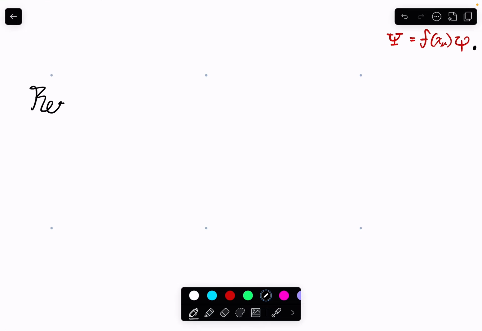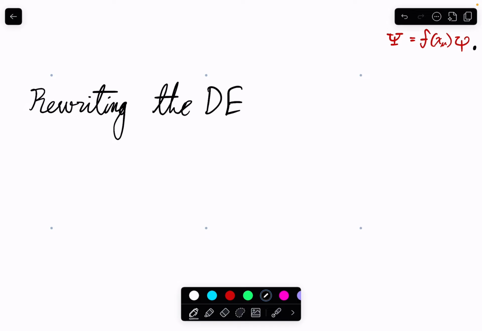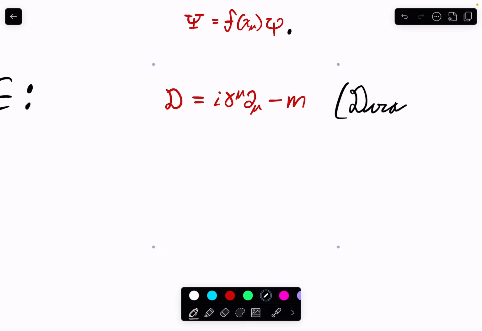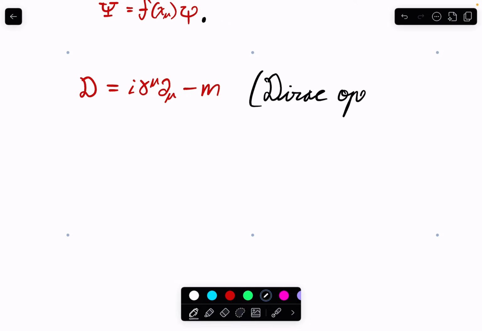Rewriting the Dirac equation. The first step is to define something called the Dirac operator, which is this curly D, and it's just i gamma mu partial mu minus m. So this is the Dirac operator.